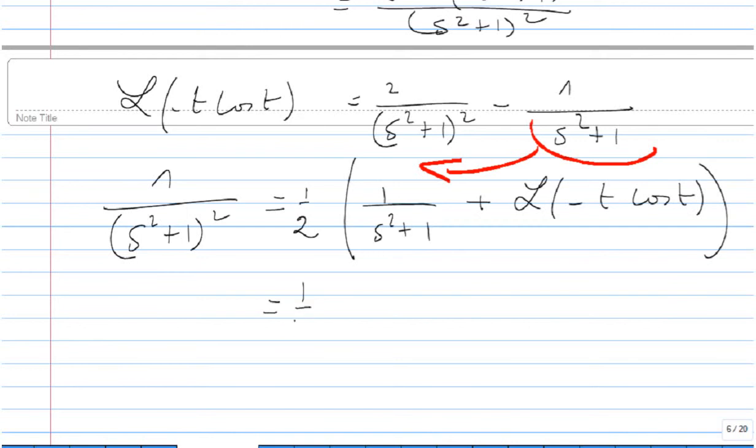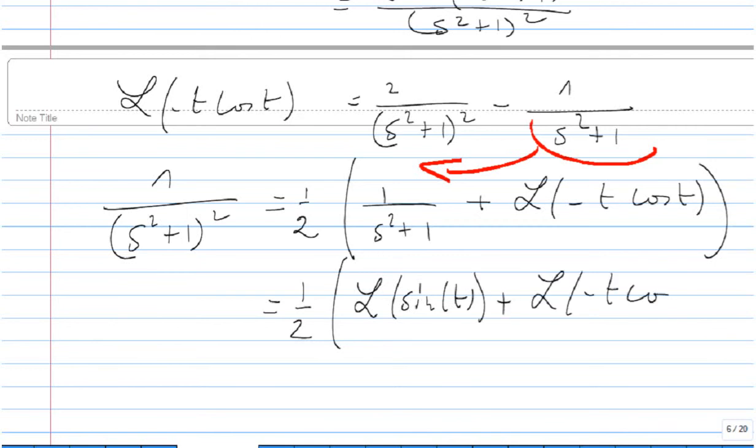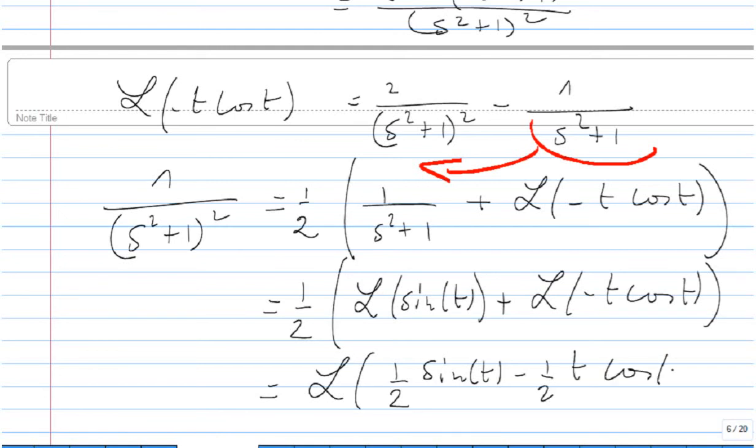So 1/2 of 1 over s squared plus 1, that's the Laplace of sine t, minus t cosine t. If I put everything together, I will have 1/2 sine t minus 1/2 t cosine t. So I'm able to find the inverse Laplace of this one.